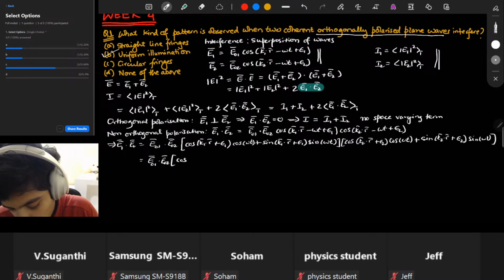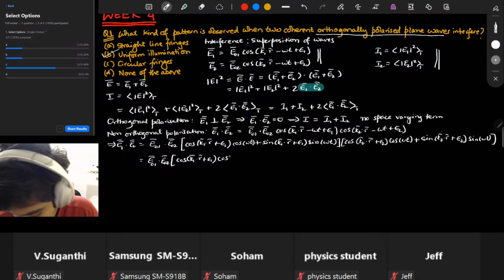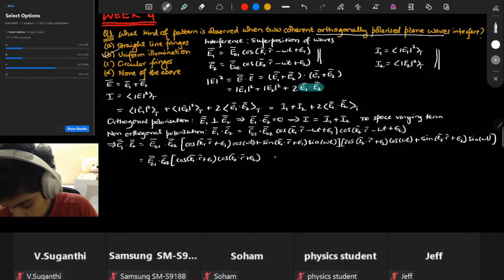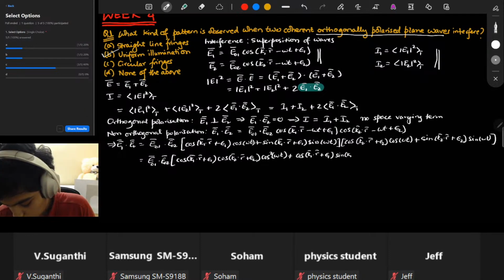So we get cos K1 dot R plus epsilon 1 into cos K2 dot R plus epsilon 2 into cos squared omega t, plus cos K1 dot R plus epsilon 1 sine of K2 dot R plus epsilon 2 cos omega t sine omega t.